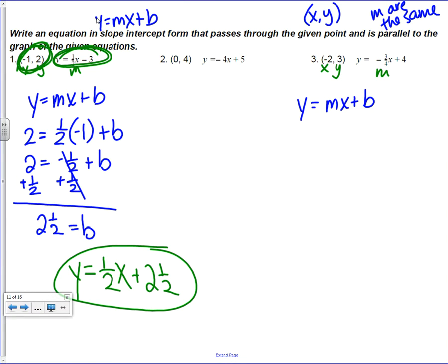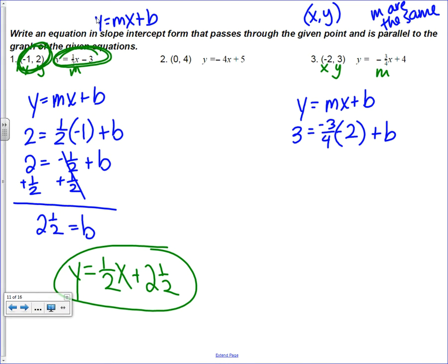Logan, what's my y? Nope. The y. What's the m? He'll get it. He's fine. -3/4. What's the x? And I'm trying to find the b, so we're going to keep it as plus b.